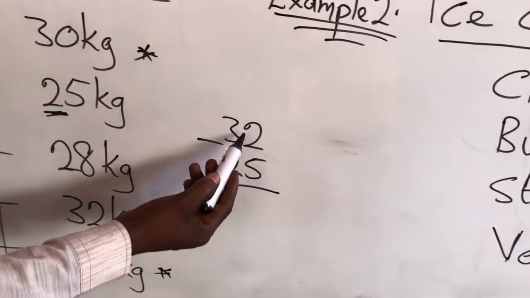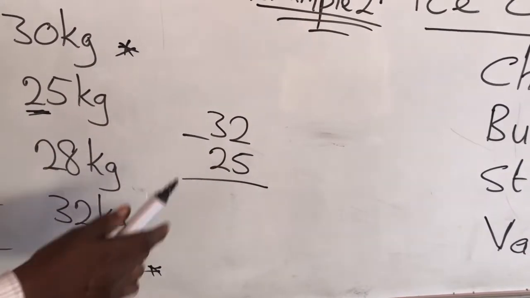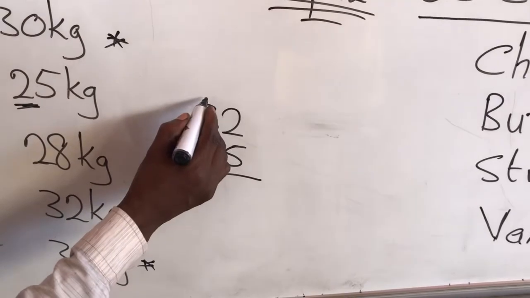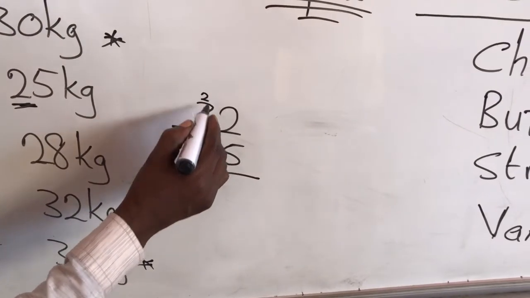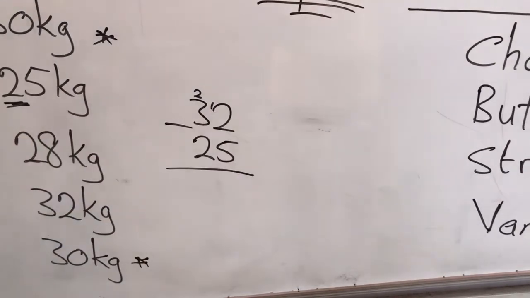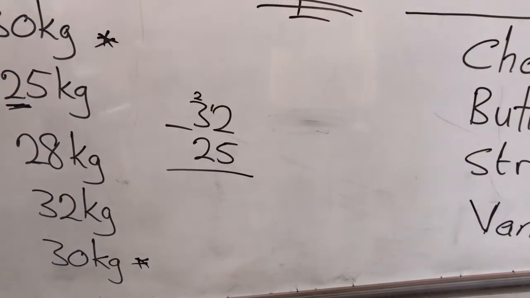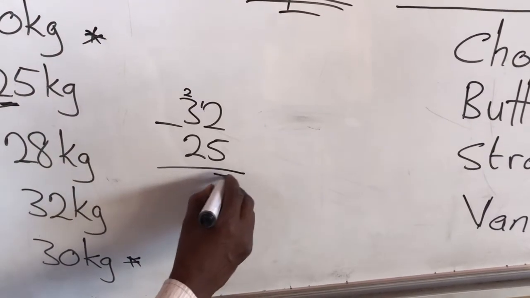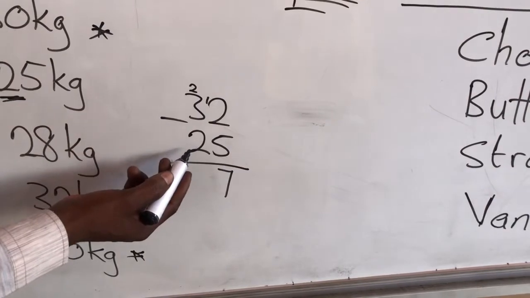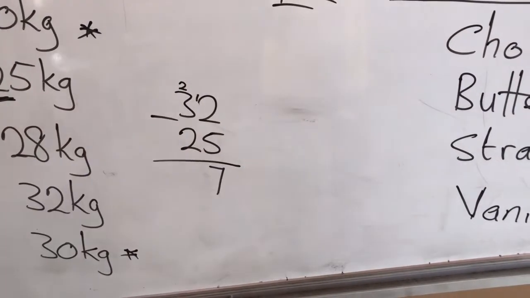Now, 2 minus 5 is not possible. So let's quickly borrow 1 from this 3. When we borrow 1 from this 3, we are left with 2 here. And the one we borrowed we bring here, making this figure 12. 12 minus 5 is 7. 2 minus 2 is 0. You can leave it or write your 0.